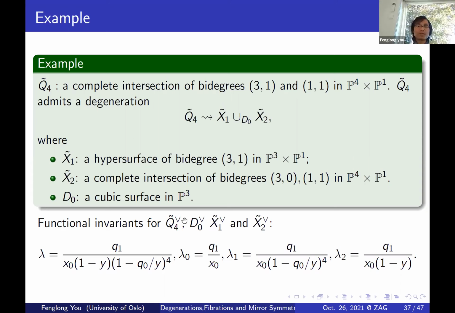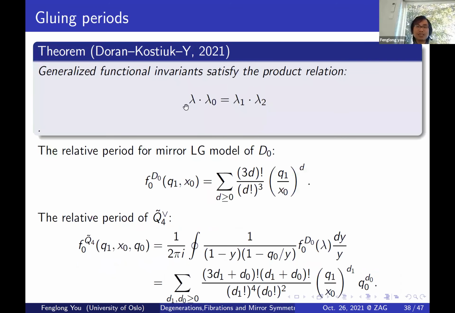And we can also compute their Gromov-Witten invariants. Again, they satisfy a product relation like this. It's similar to the Calabi-Yau case.